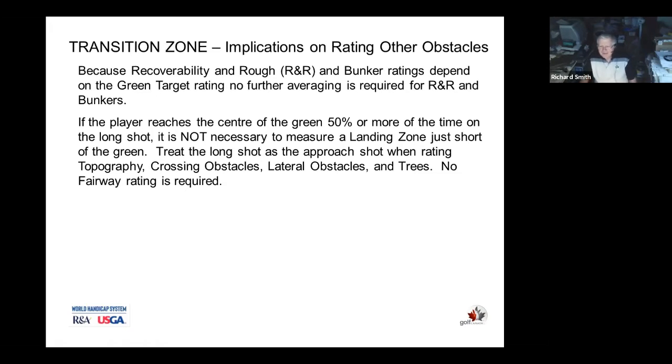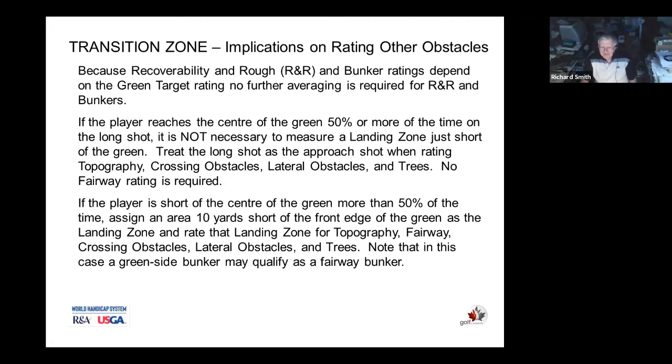And if, on the other hand, you think that the player is going to come up short of the green more than 50% of the time, or in particular, if you think about the accuracy pattern, that more of that accuracy pattern is going to be short of the edge of the green, then what we would do is assign an arbitrary area, 10 yards short of the front edge of the green, call that the landing zone, and rate it for topography, fairway, obstacles, and trees.